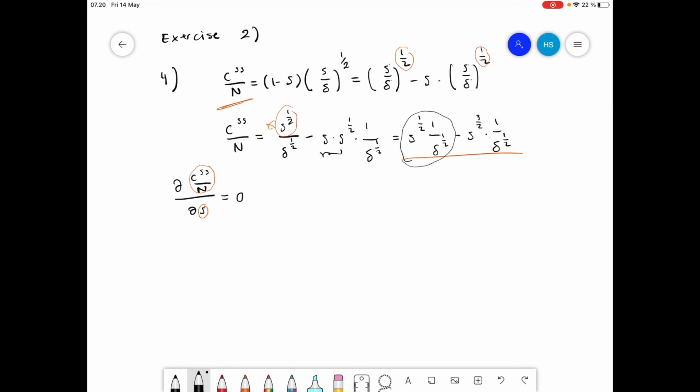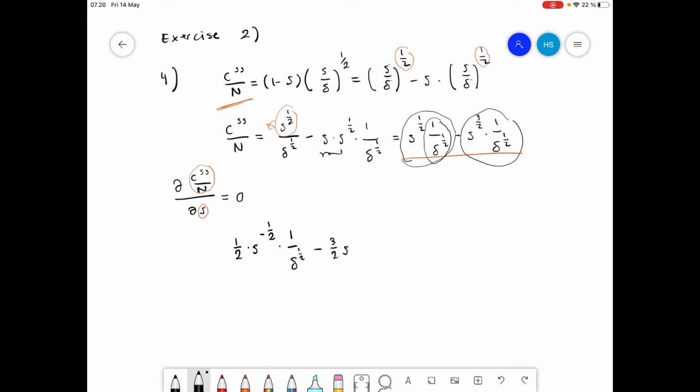Differentiating this first part, we take down the exponent, that is 1/2 times s, and we subtract 1. And then we have 1 over delta to the power of 1/2. That is just a constant. It remains.